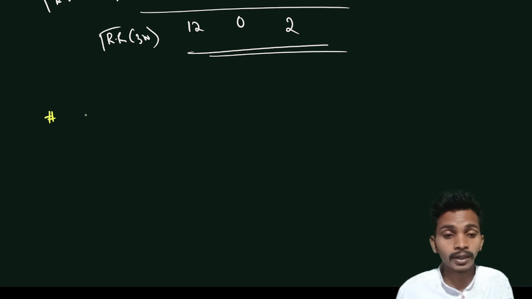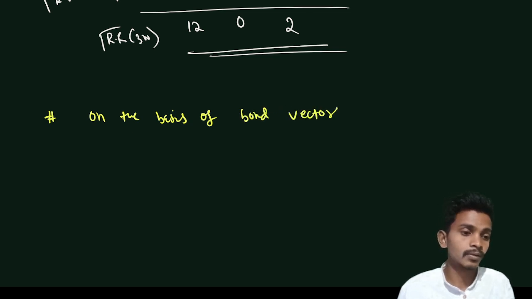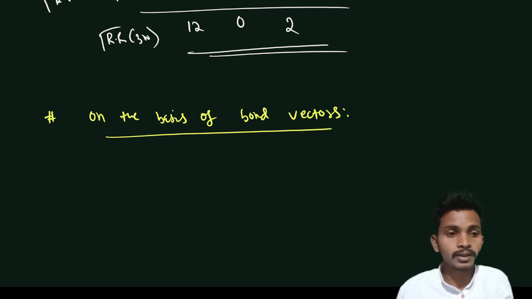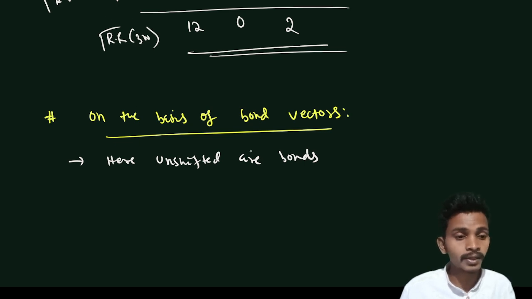Okay, so now the last basis on which we derive the reducible representations is the basis of bond vectors. So in this, one thing we have to note: here the unshifted things are bonds, not atoms.